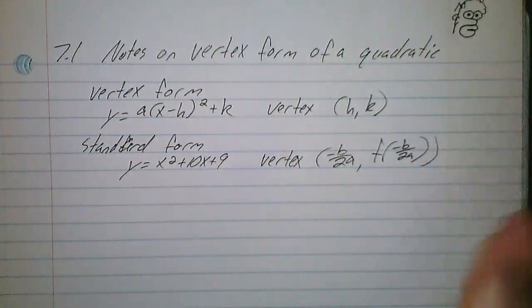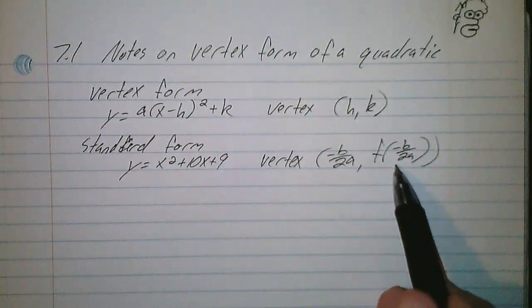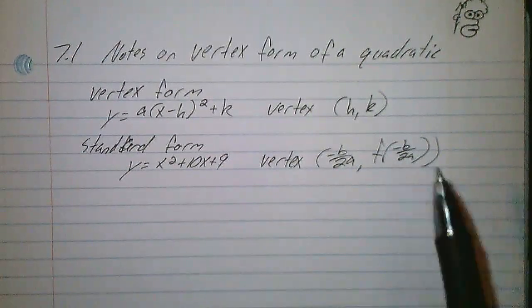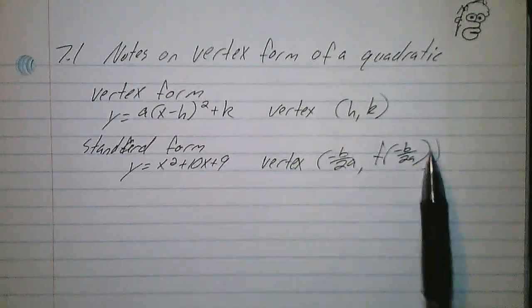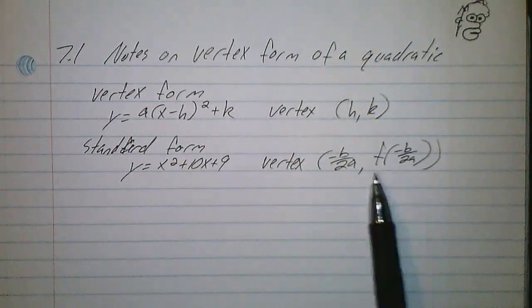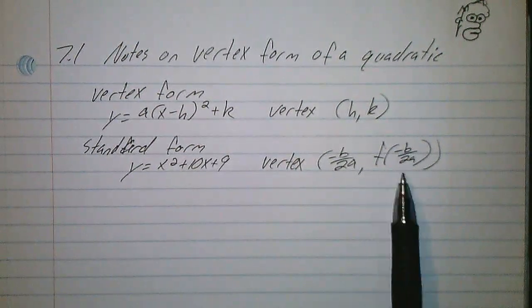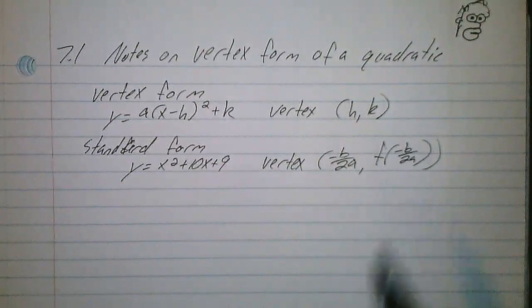In other words, plug this into the x, and what do you get as a y value? But honestly, we'll talk about using the calculator. Negative b over 2a, that's easy enough. But students struggle with finding the y value algebraically. We can just use the calculator.